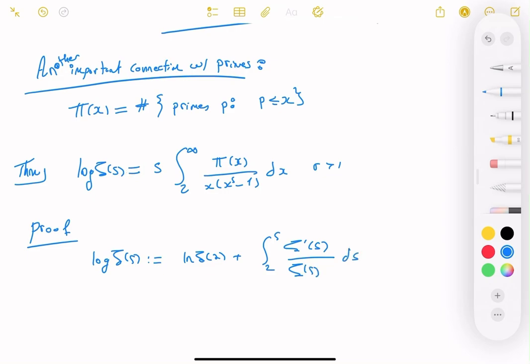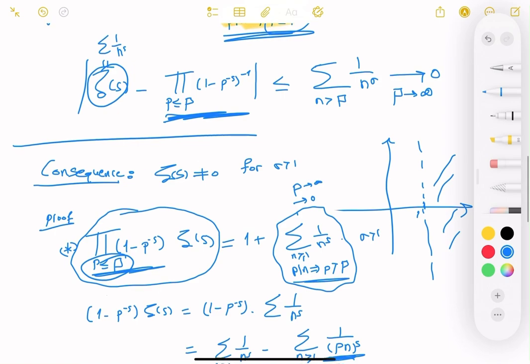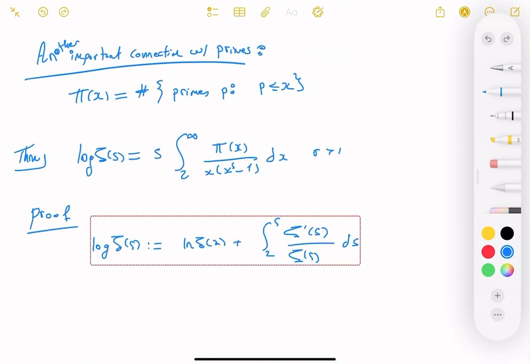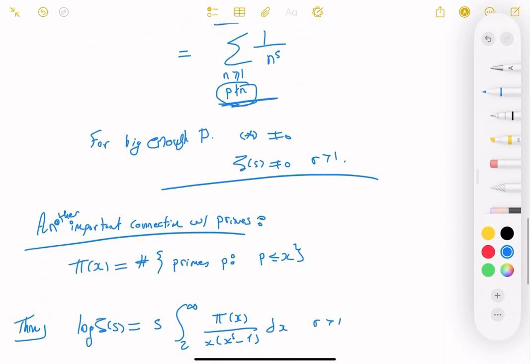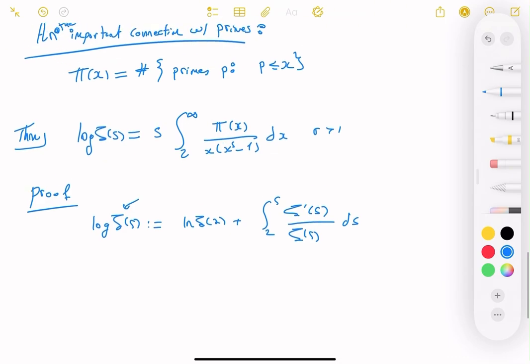The point being that since zeta has no zeros and is actually holomorphic to the right of 1, zeta is holomorphic and non-vanishing on this simply connected domain, then it must have a holomorphic log.